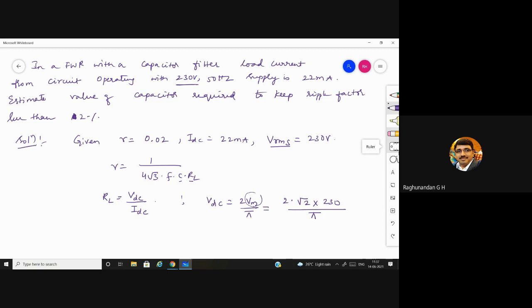I have substituted root 2 into VRMS. So this comes around 207.07. Now we will substitute it, divided by 22 into 10 to the power of minus 3. So what is the RL value?